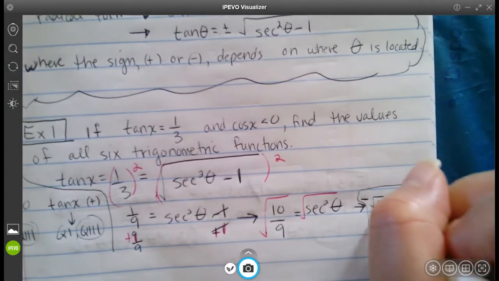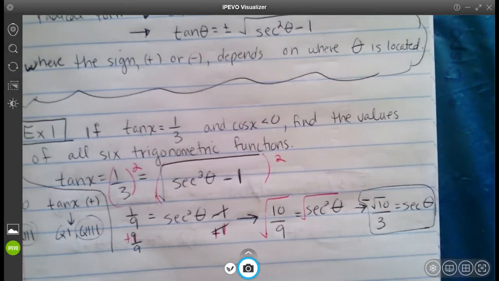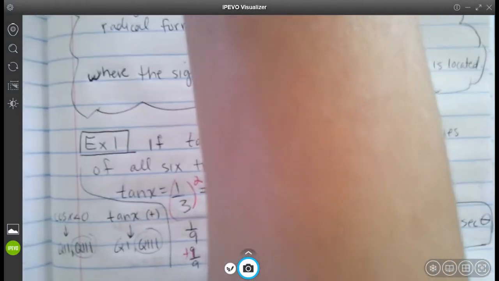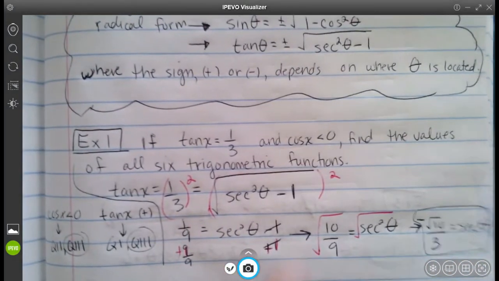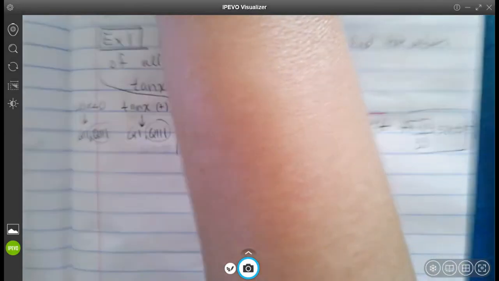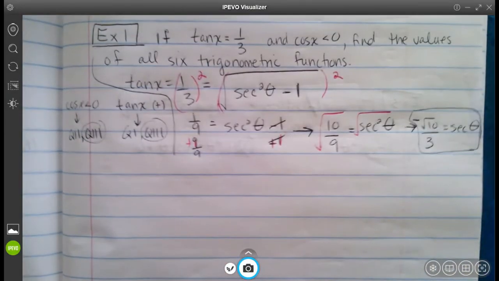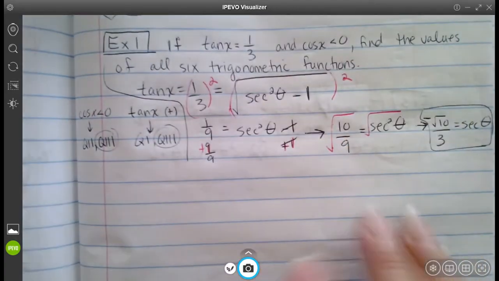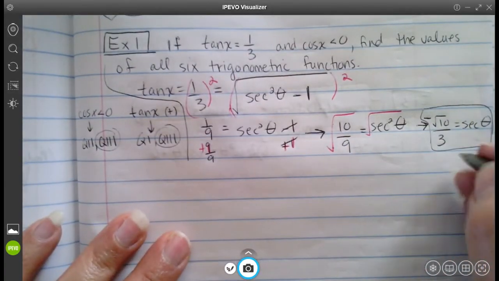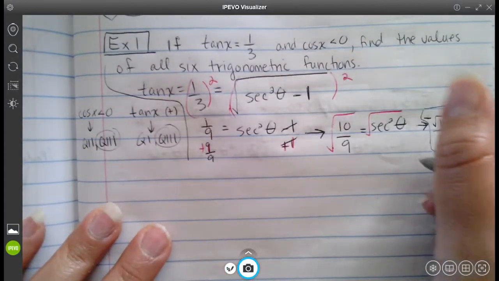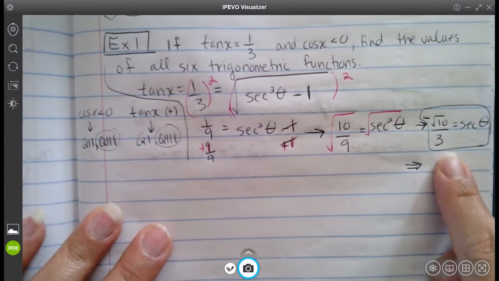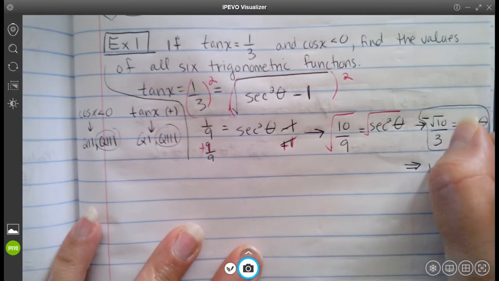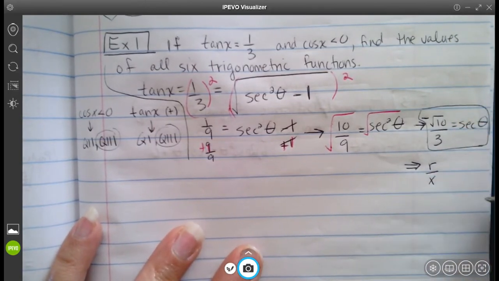And there is one of the trig functions so far, secant, okay? But that's really all we need because now that we have secant, we can figure out the rest. Remember that all of our functions are defined by either x, y, or r, or a combination of those. This tells us that secant is the reciprocal of cosine, so it's r divided by x, right?